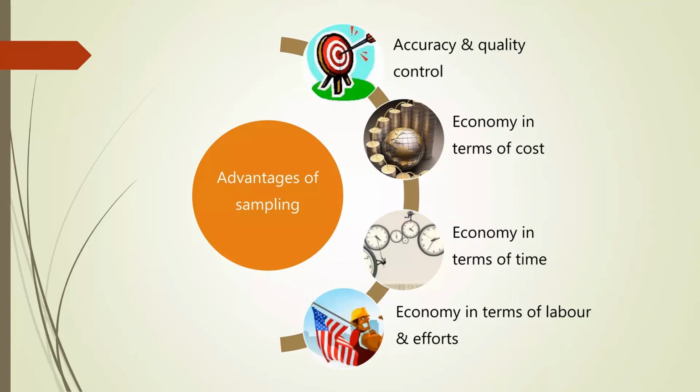Then the organization of convenience, because sampling gives this convenience. Organizational problems involved in sampling are actually very few. Since the sample is of a small size, vast facilities are not required, right?